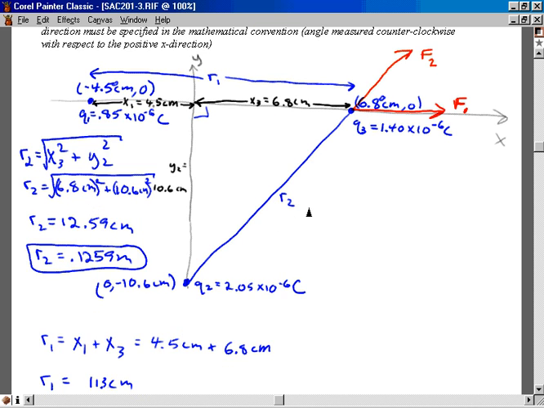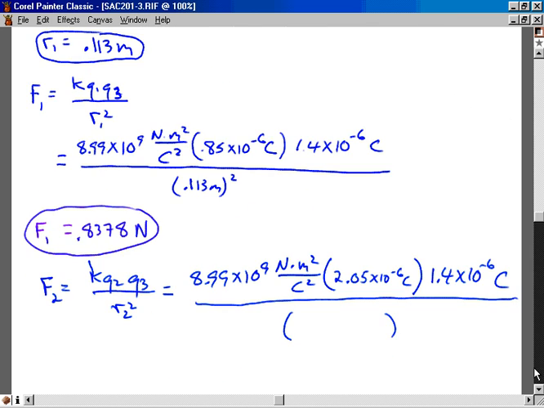And the separation, the R2, we found to be 0.1259 meters right there. And that evaluates to 1.628 newtons.